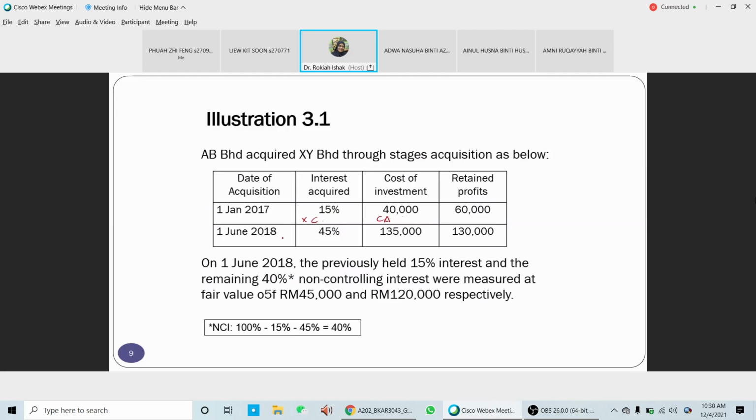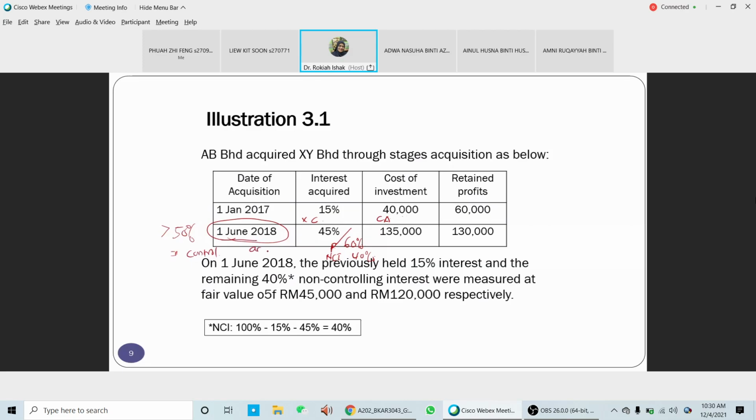On 1st of June 2018, you buy another 45%, so altogether you have 60%. The parent has 60%, which means the NCI has the other 40%. Since you have more than 50%, you already have control.